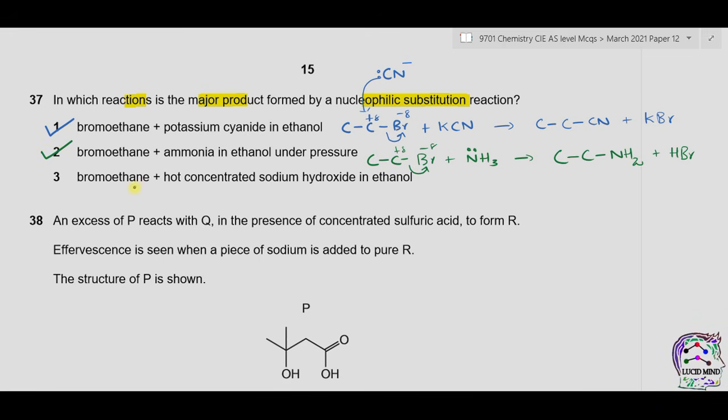In the third one we have bromoethane and hot concentrated sodium hydroxide in ethanol. This will cause an elimination reaction. On one carbon we have bromine, and on the second carbon hydrogen will be eliminated.